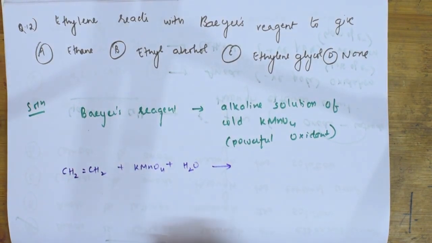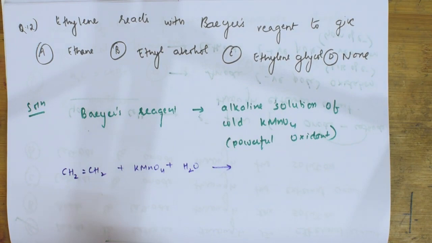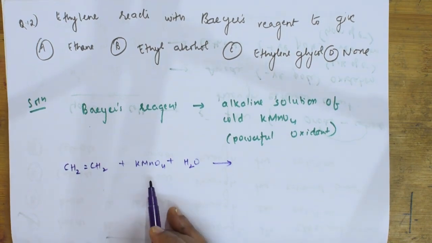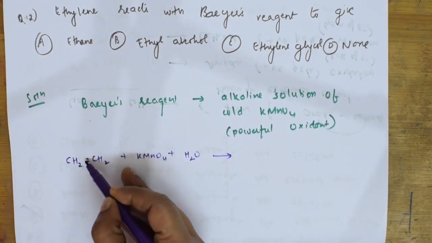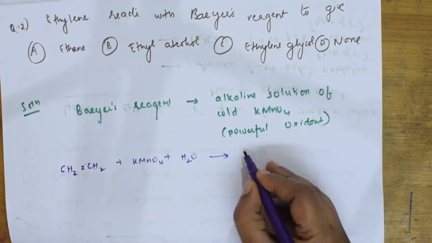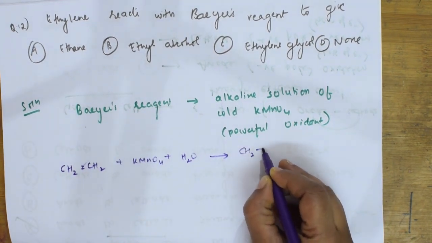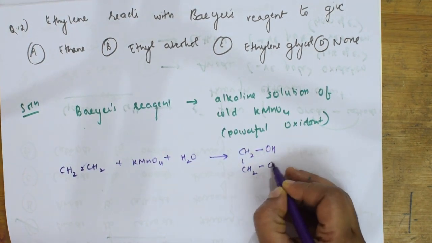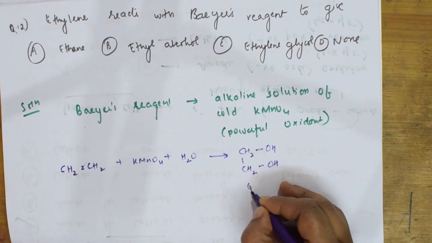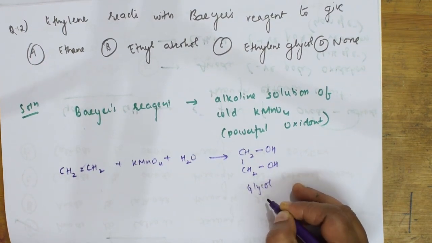Understand carefully. Here KMnO4 is an oxidant, means it's going to add oxygen to this. It's going to break this bond and add oxygen, and what do you get? CH2OH, CH2OH. What is the name of this compound? This is nothing but glycol.